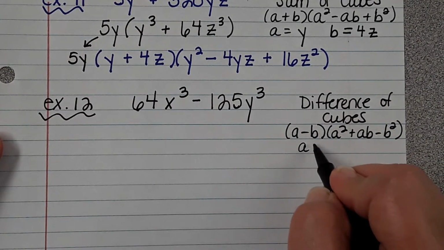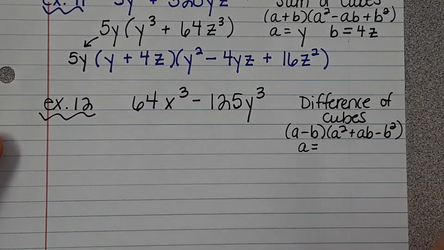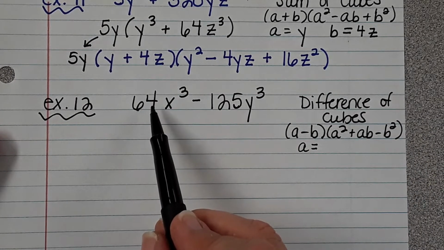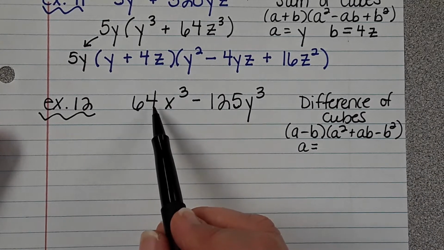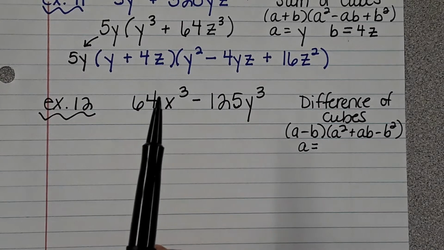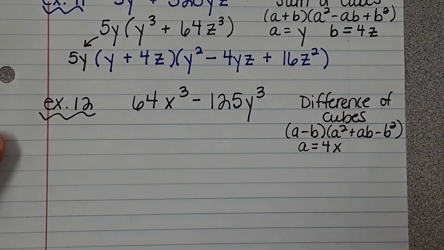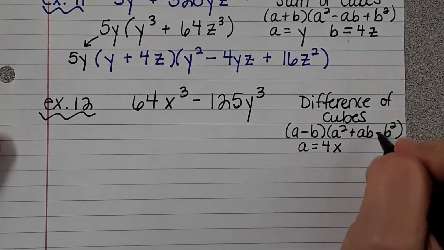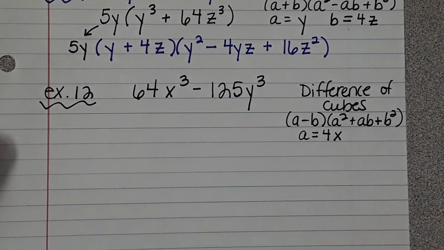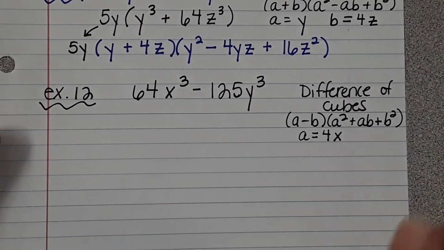What is a? So 64, what's the cube root of 64? 4. Oh, yes. I don't know why I did that. Thank you. That should be plus. Okay, what is b?